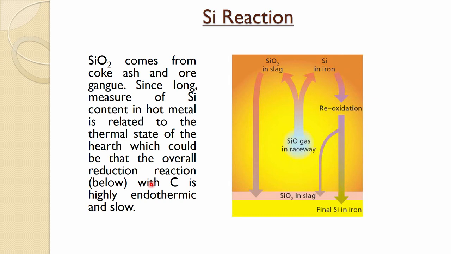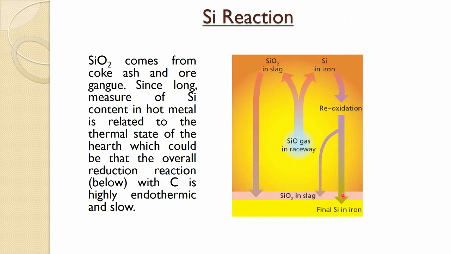It is mostly by a gaseous phase, as you can see in this. So, SiO gas is generated in the raceway region, which reacts with the carbon and silicon gets absorbed in the metal, and that is how the maximum silicon comes.